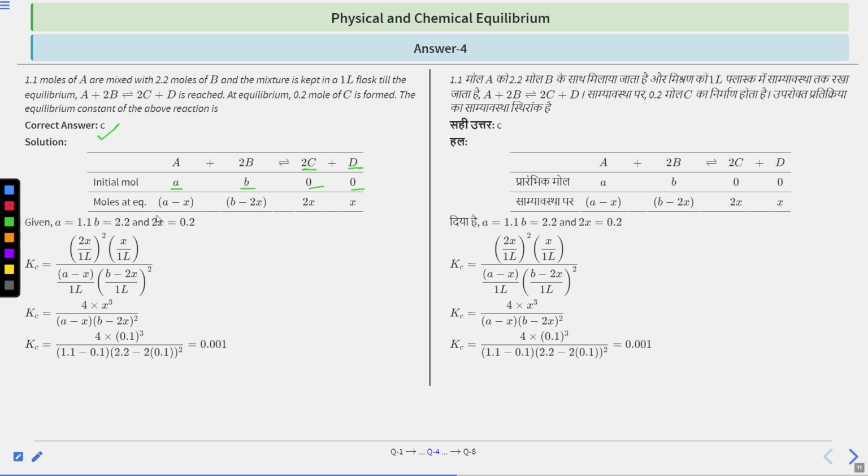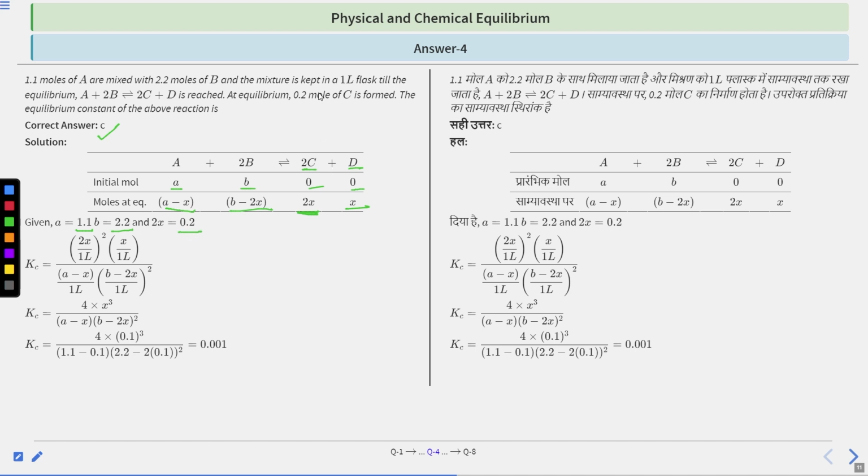Now at equilibrium, the moles will be A minus X for A, B minus 2X for B, 2X for C, and X for D. So X is the amount of moles utilized in the reaction, going from the reactants to the product side. We have supposed A equals 1.1, B equals 2.2, and 2X, the value of C at equilibrium, equals 0.2.